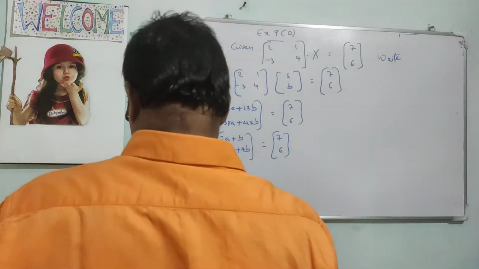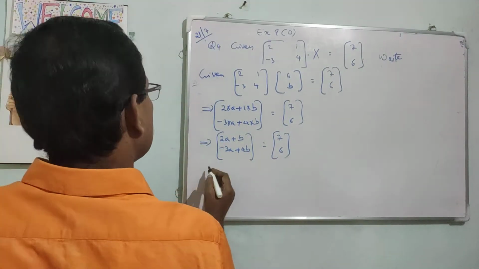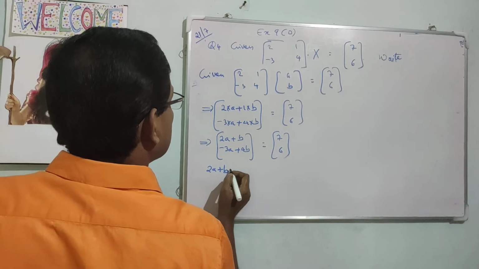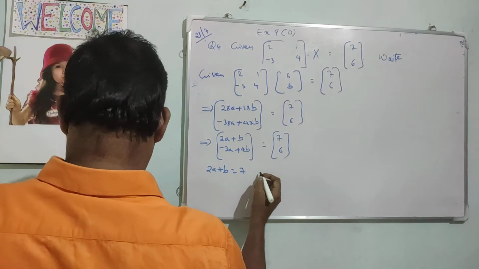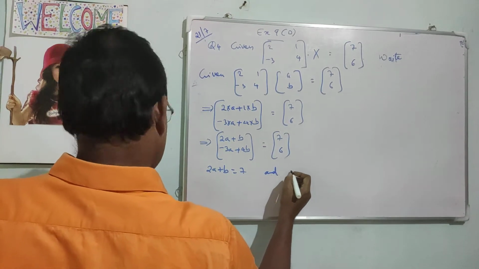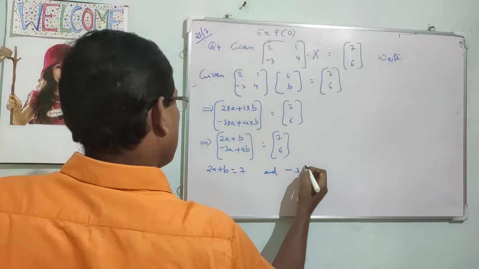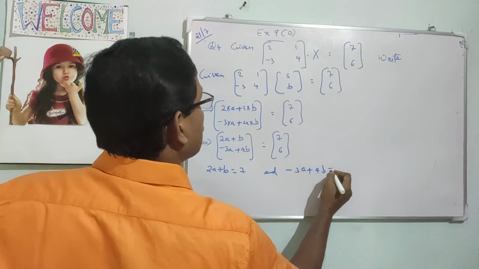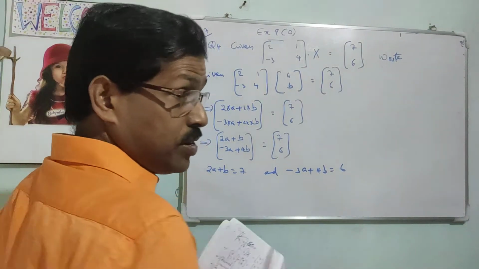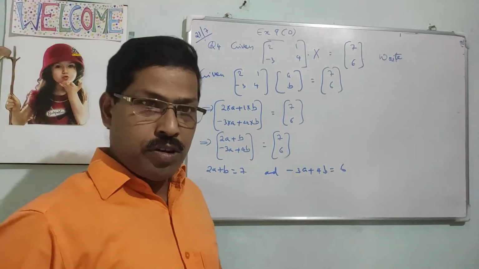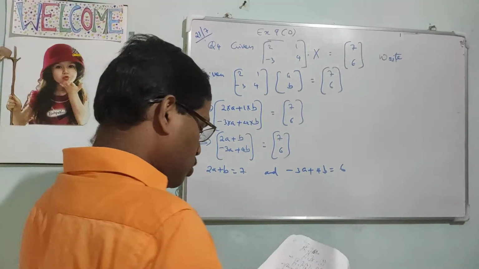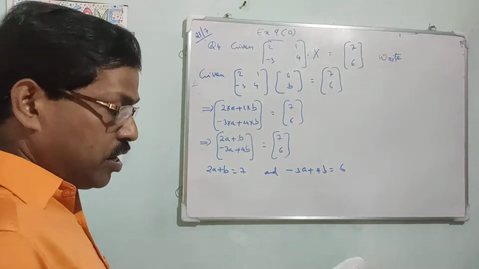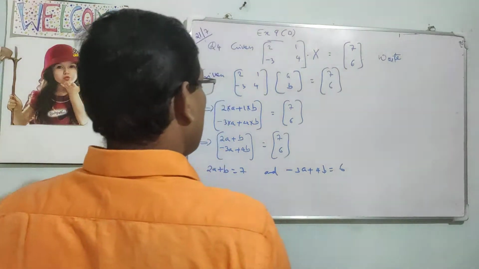Then we are getting 2 equations: 2A plus B is equal to 7 and minus 3A plus 4B is equal to 6. These are 2 simultaneous equations in A and B. So we have to solve the simultaneous equations to get A and B. That is the only way.